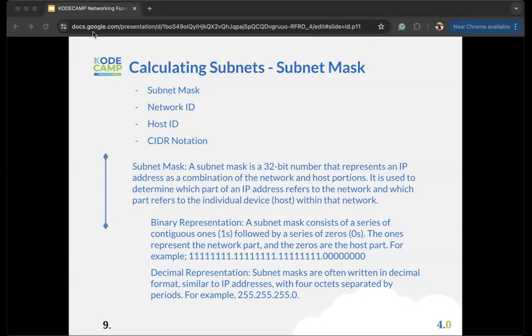When you're working with the binary representation of a subnet mask, the ones represent the network portion of the IP address, and the zeros represent the host portion of that IP address.